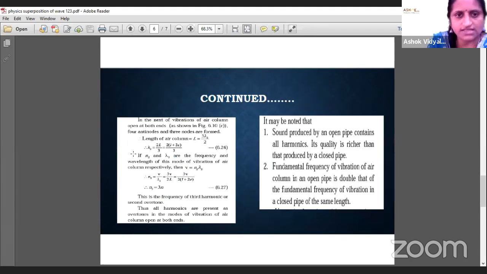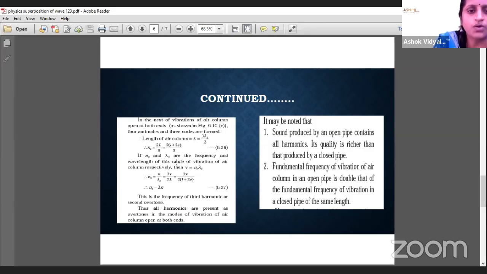Therefore, the length of air column L is equal to 3 lambda 2 by 2. Therefore, lambda 2 is equal to 2L upon 3. Substituting the value of capital L for open at both ends, nothing but L plus 2E upon 3.